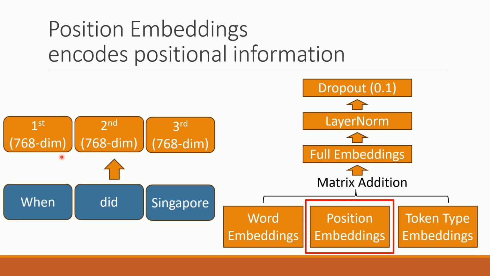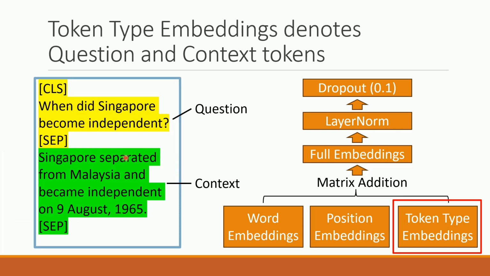So the sequence is firstly the question, followed by the context, and each token will have a position. And so this encodes all the information. Lastly is the token type embeddings, which denotes whether a token belongs to the question, example over here, as well as whether it belongs to the context instead, right? So this is how the sequence actually looks like.